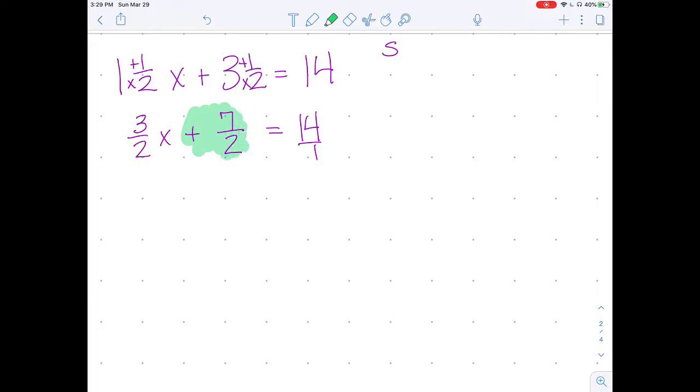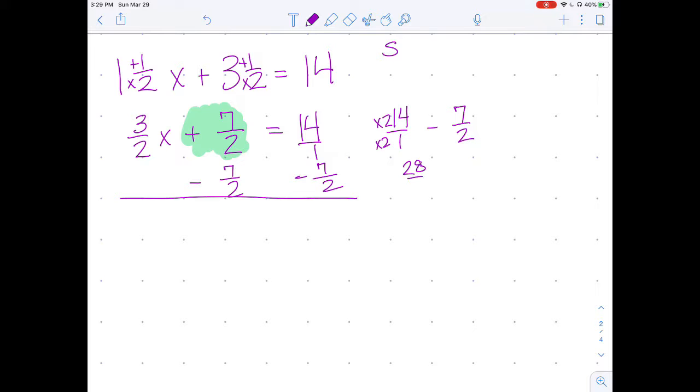Okay, so next we're going to start at S and see if we have any subtracting or adding to do. I've got this plus 7/2 here, so I'm going to subtract 7/2 from both sides of the equation. But 14 over 1 and 7 over 2 do not have common denominators, so let's fix that. If I want this to be in halves, I've got to take this side times 2.